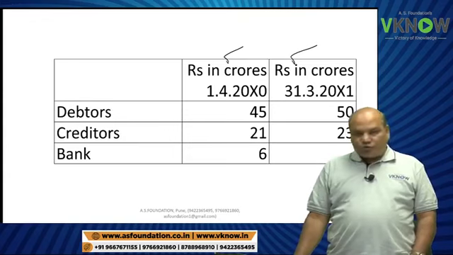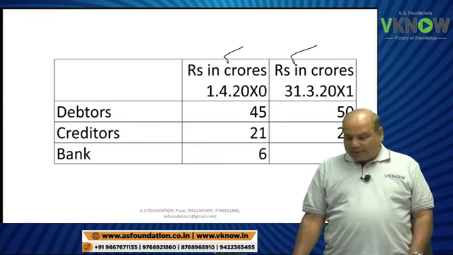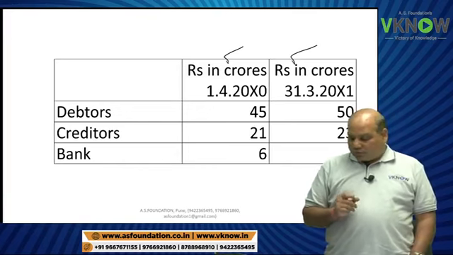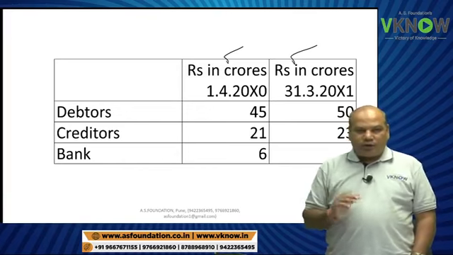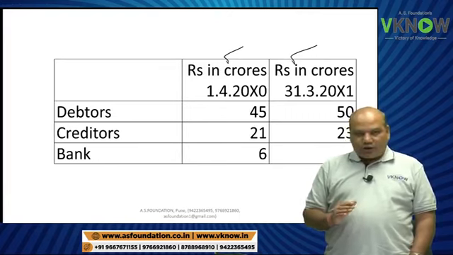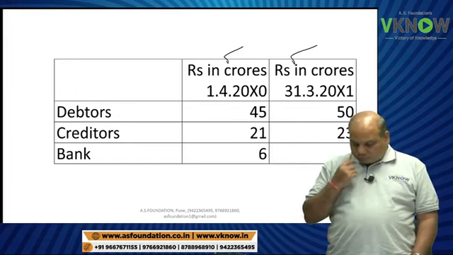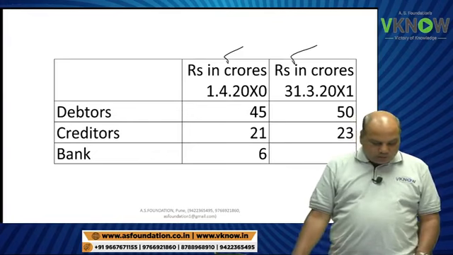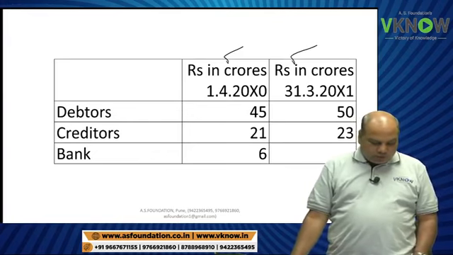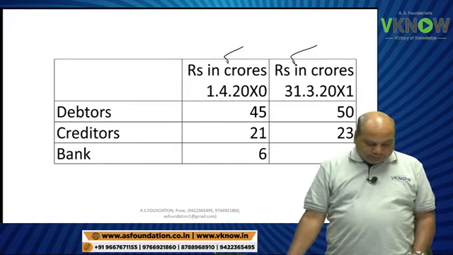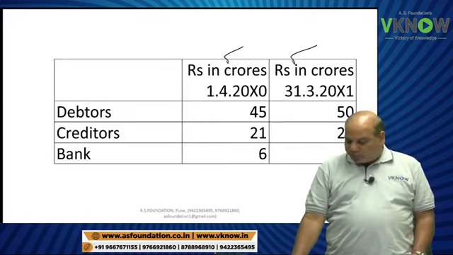Debtors 45 and 50. Creditors 21 and 23. Bank 6.